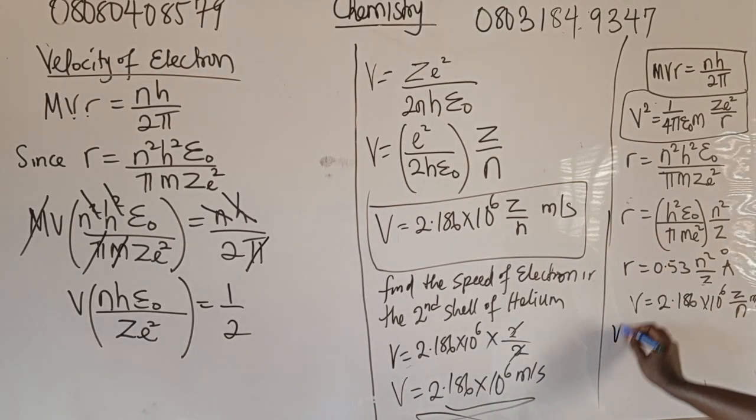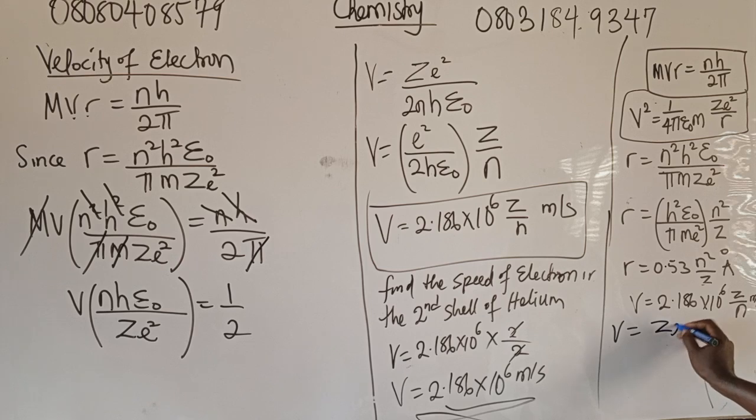I have velocity equal to Z e squared over 2 n h epsilon naught. Take note of that. Let's move.